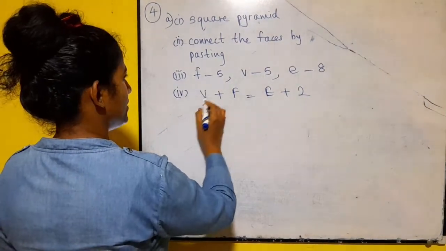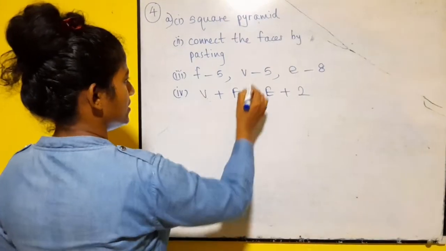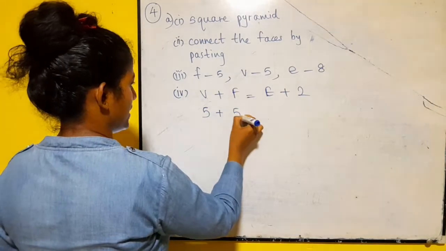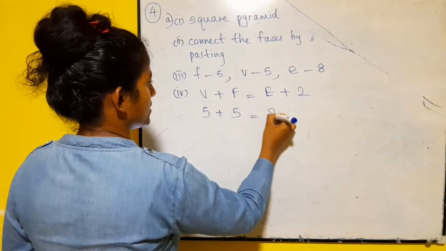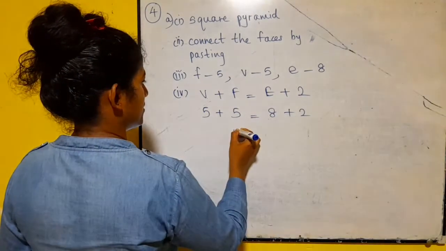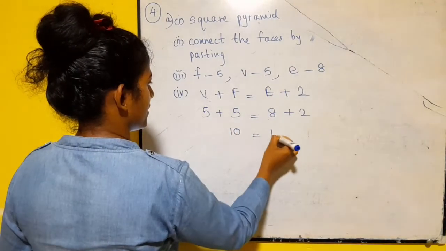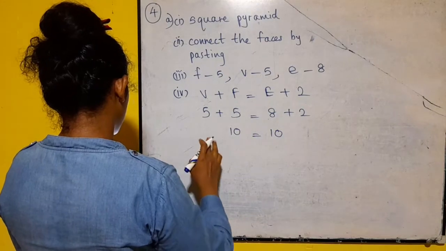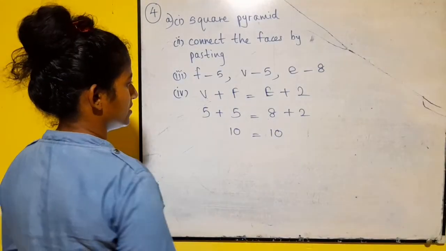So we substitute the given values here. Number of vertices is 5, faces 5, and number of edges 8 plus 2. Then this is satisfied. Euler's relationship is satisfied. So we can tell that.